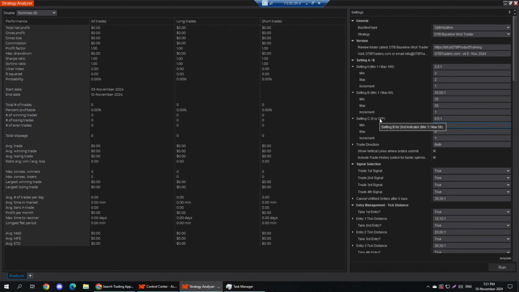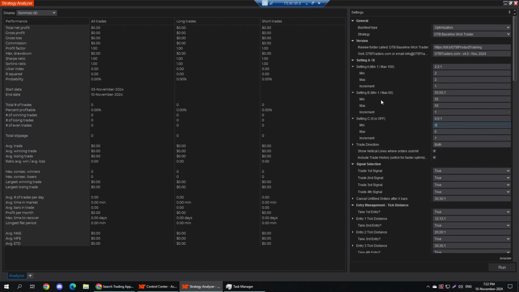This indicator is the same as setting A and B, but it has locked in setting A as 2. So that's why you don't have setting C and D, because setting D is just the second part of the indicator.